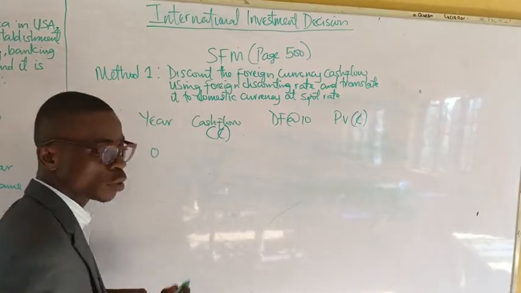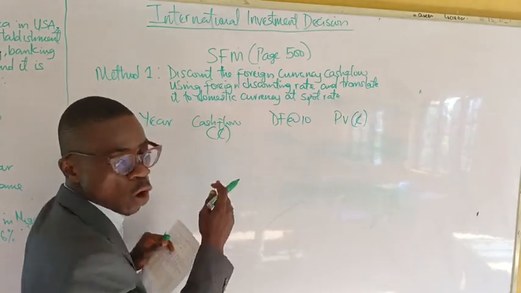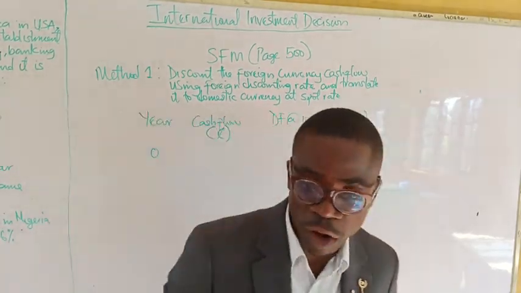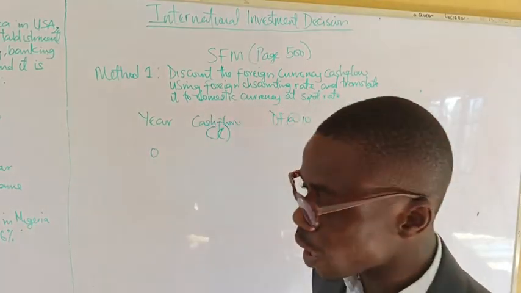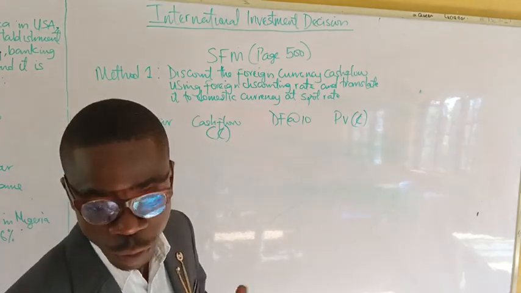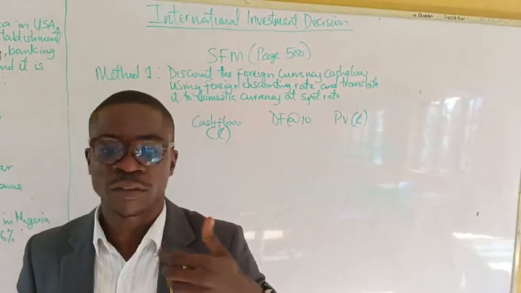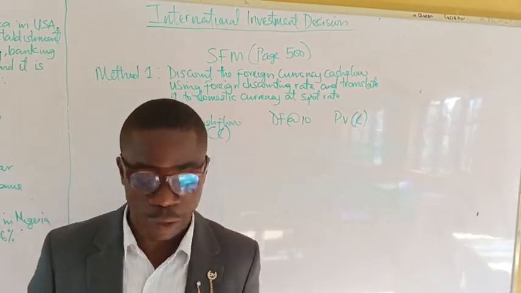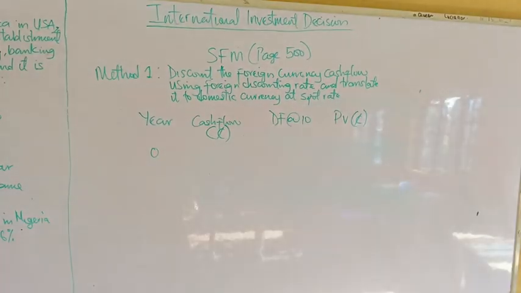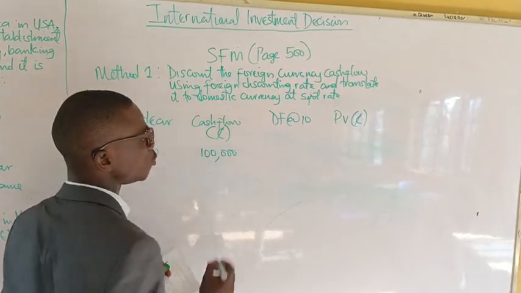Year zero. Year zero is how much? What's the cash flow? 100,000. Year zero is when the investment was initiated, and because the investment was initiated, they need to pay an initial outlay, or we call it cash outflow. So how much is it? 100,000 cedis.